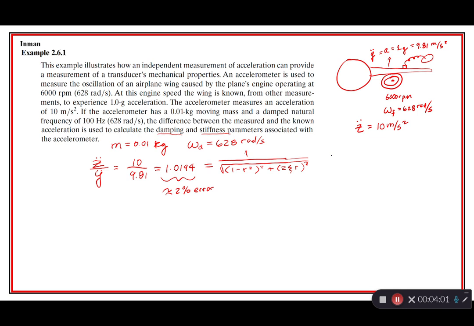So our goal is to find both the r and squiggle, the damping ratio, or the combination of r and squiggle that will generate this amount of error, and then we can reason out what the other is going to be.